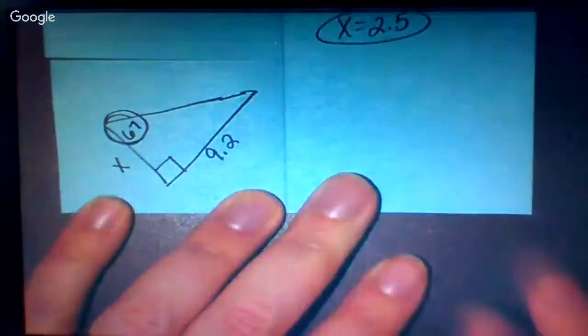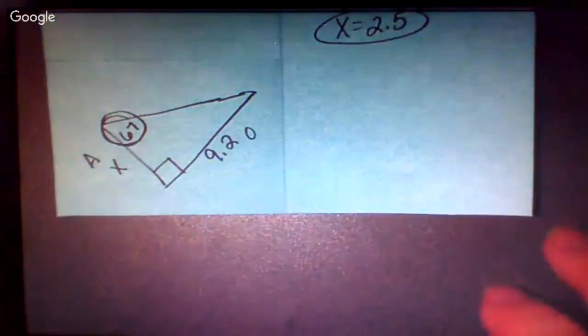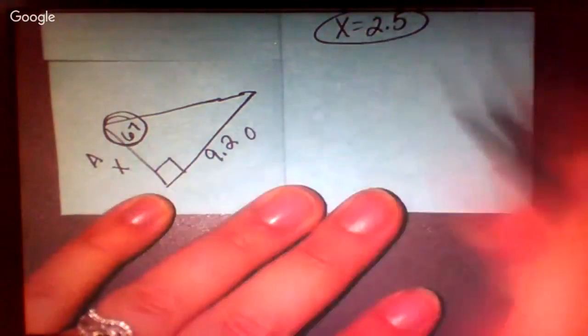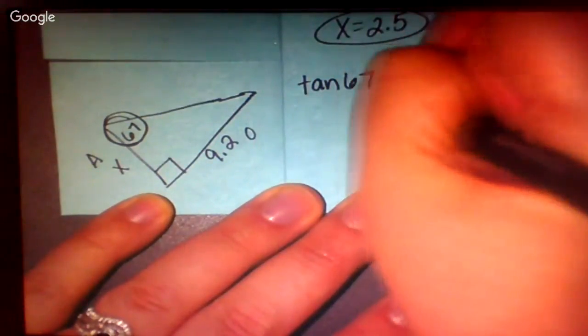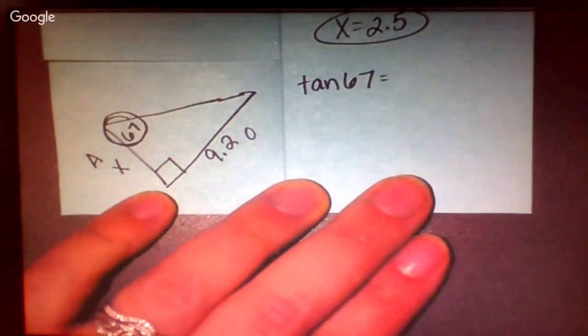Okay, so again, circle your reference angle. Label your sides. What is 9.2? Opposite. What is X? Adjacent. So opposite and adjacent tells me tangent of my angle, which is 67. Remember, it's O over A. It's TOA.